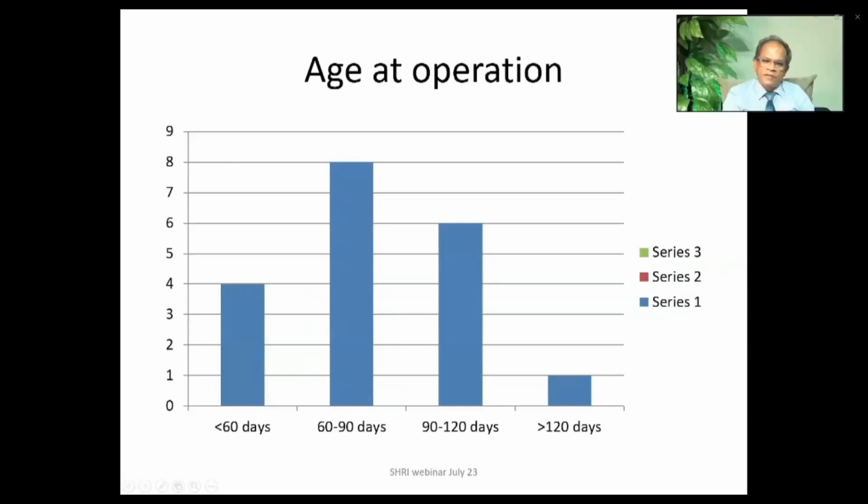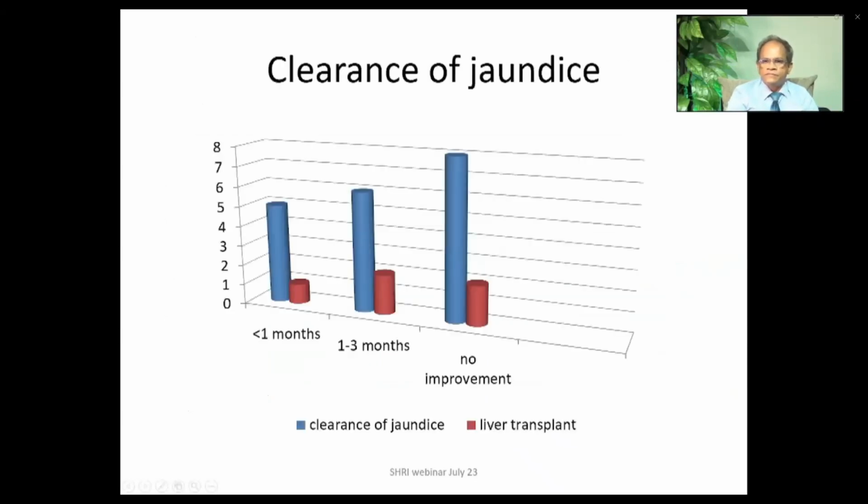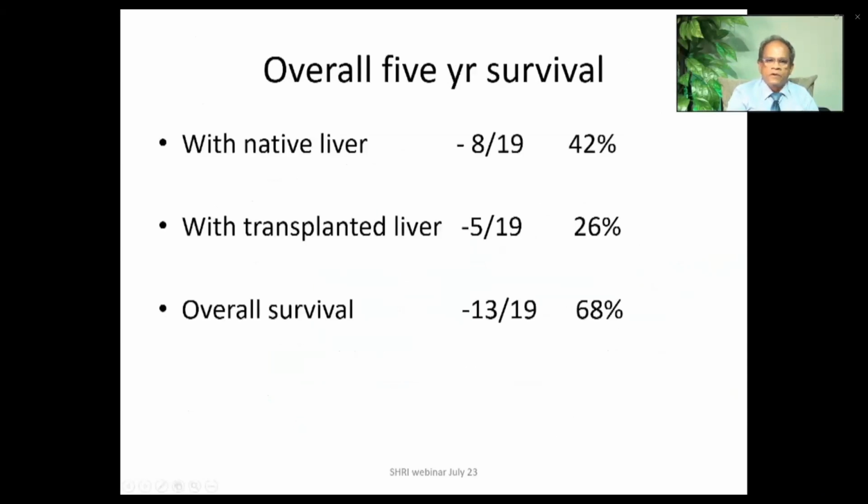The success of clearance of jaundice is very high if surgery is before the third month. The overall survival is 68%, but the overall survival with the patient's own native liver is not very good.